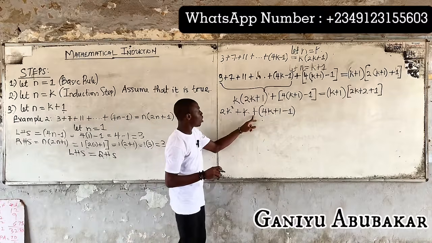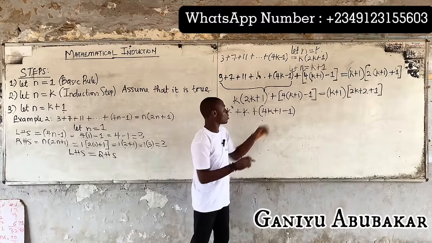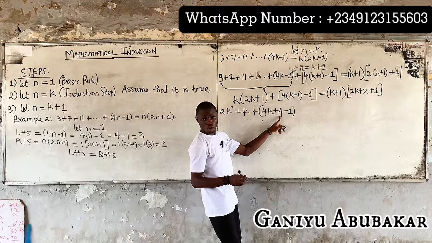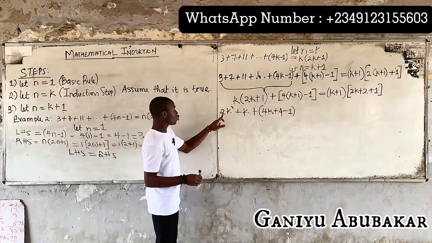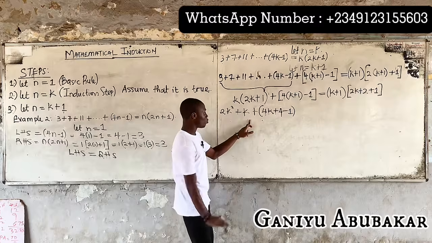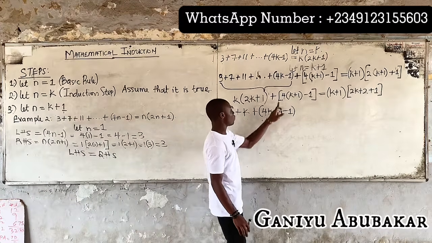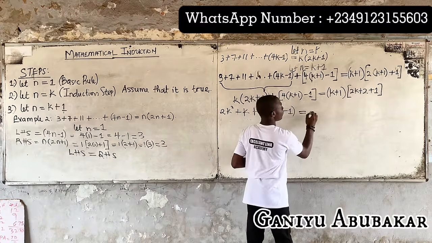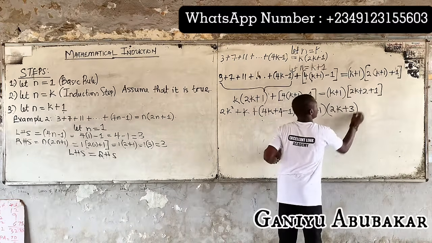Plus 4 times k, 4k, plus 4 times 1 is 4. 2k times k, that's 2k squared, plus k times 1, k, plus k times 4 times k is 4k, plus 4 times 1 is 4, minus 1 is now equal to k plus 1 into 2k plus 3. True or false?